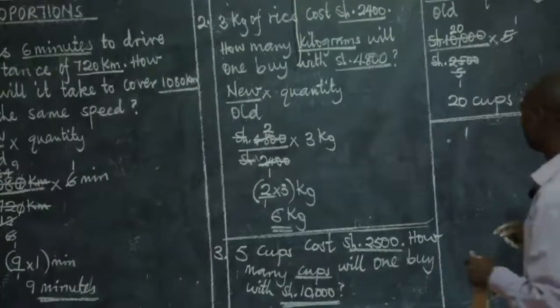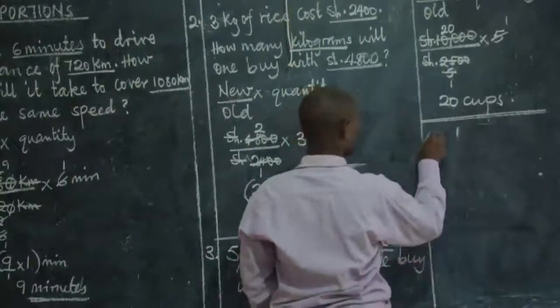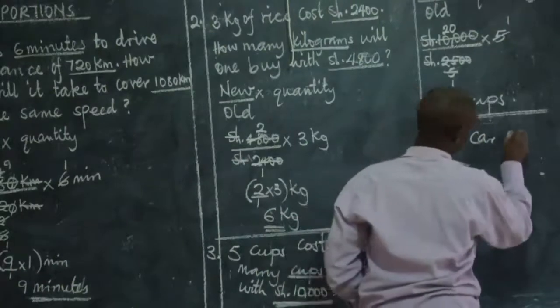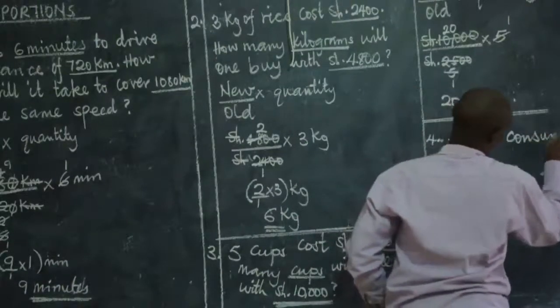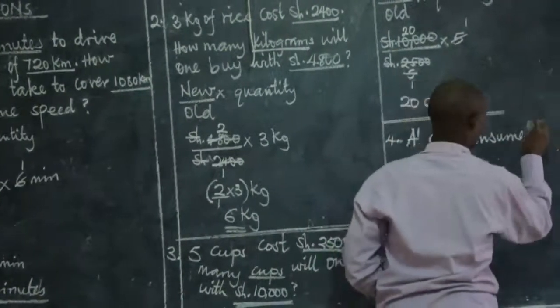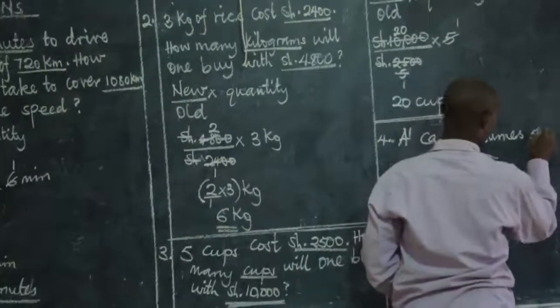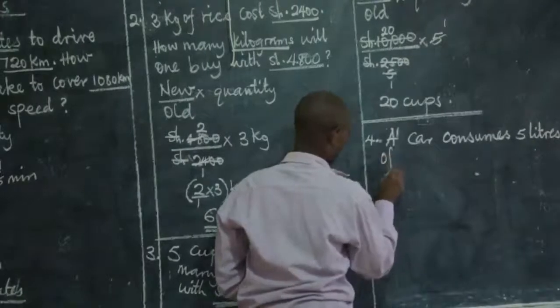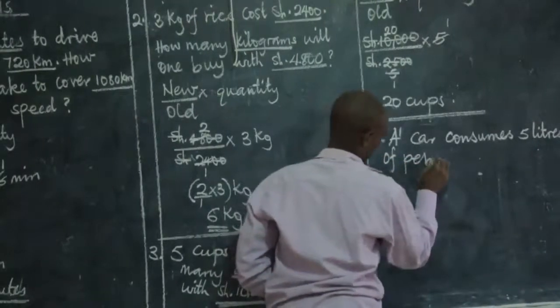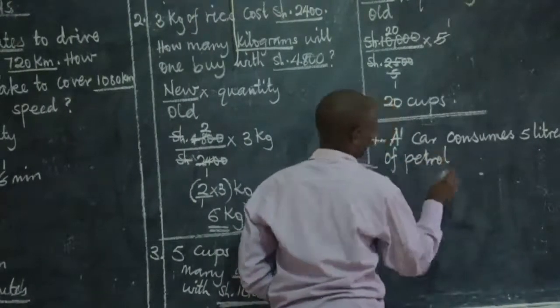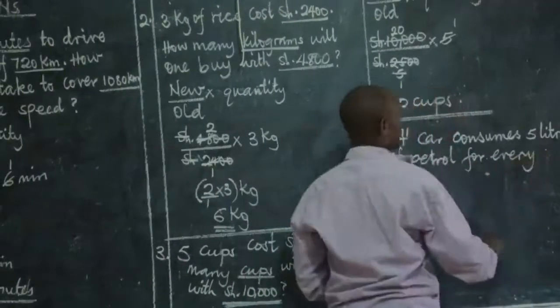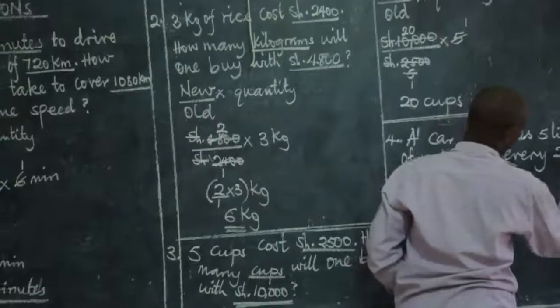A car, that's number 4. A car consumes 5 liters of petrol for every 20 kilometers.